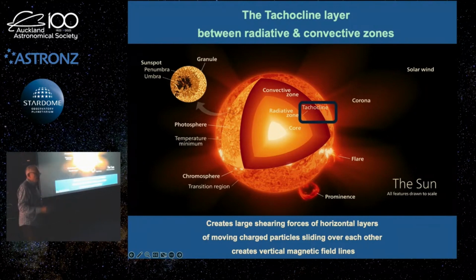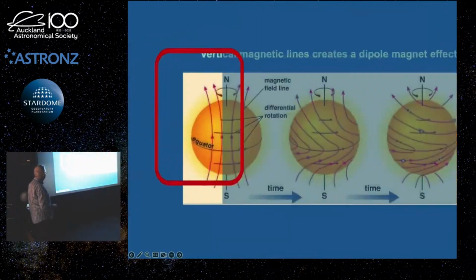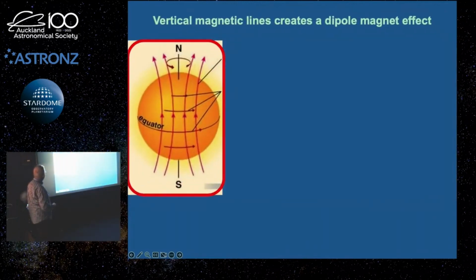And what happens when you get charged particles moving against one another? You start getting electrical currents. When you start getting electrical currents moved with extra forces added on like this, you start getting magnetic field lines. Like the vertical magnetic field lines you see here, with the south pole here and north up here, a dipole magnet effect.